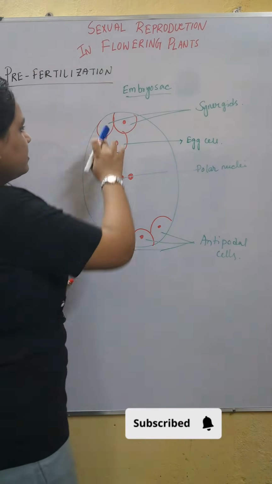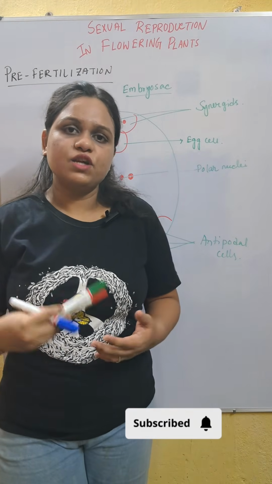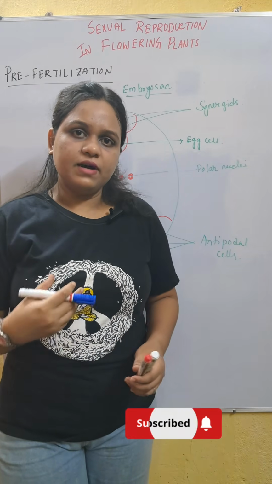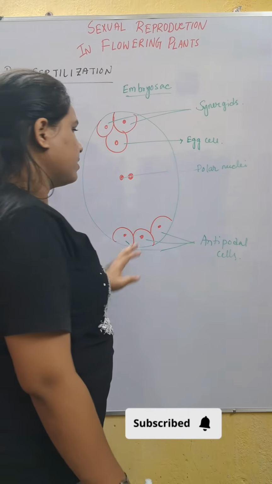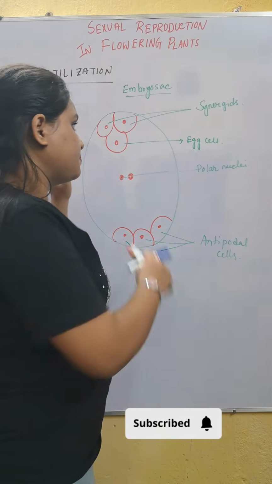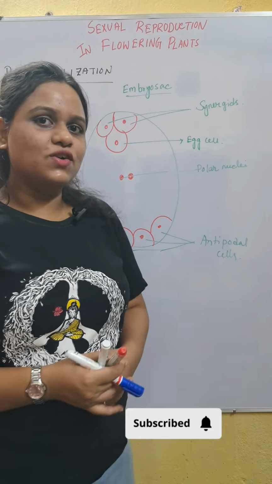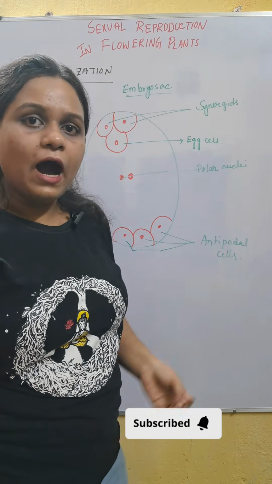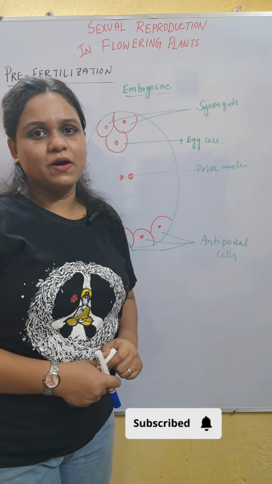These synergids help in the fertilization process, and these antipodal cells also help in the process of fertilization. The special feature will be revealed in upcoming videos, where we will know how the polar cell is very important in angiosperms.